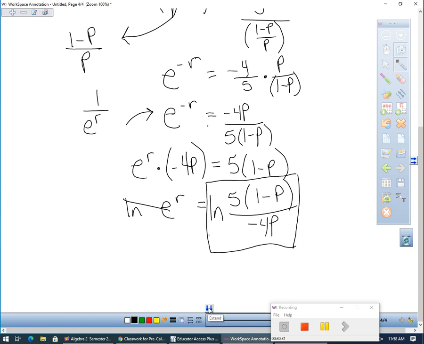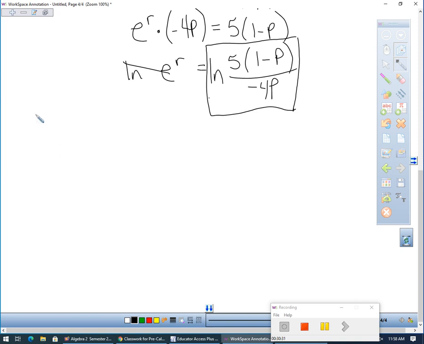Talk about number 59. On number 59, we have the cosine of 2x plus 1 equals the sine of 2x. And it wants us to find all solutions on the interval from 0 to 2 pi.